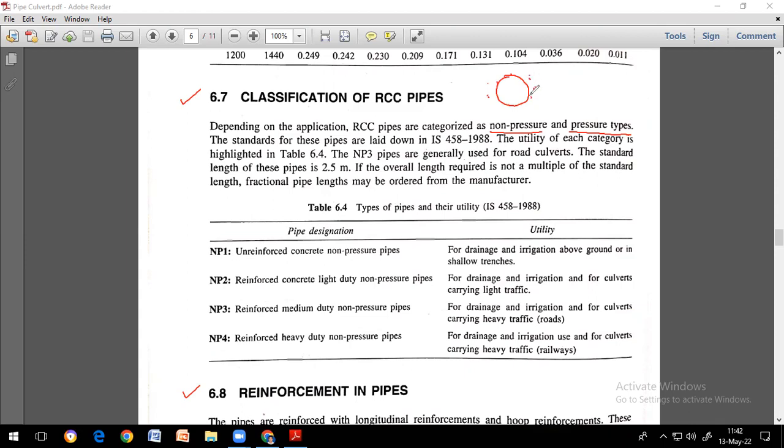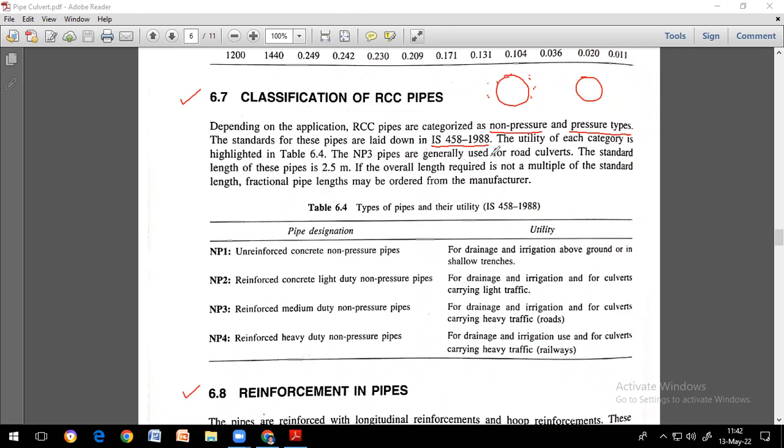And there will be a pipe which is having complete pressure, earth pressure, water pressure. So there are a few pipes which are considered non-pressure pipes, and a few which are considered pressure pipes. And coming to the standards of these pipes, it is given by IS 458 1988. So what is this code talking about?